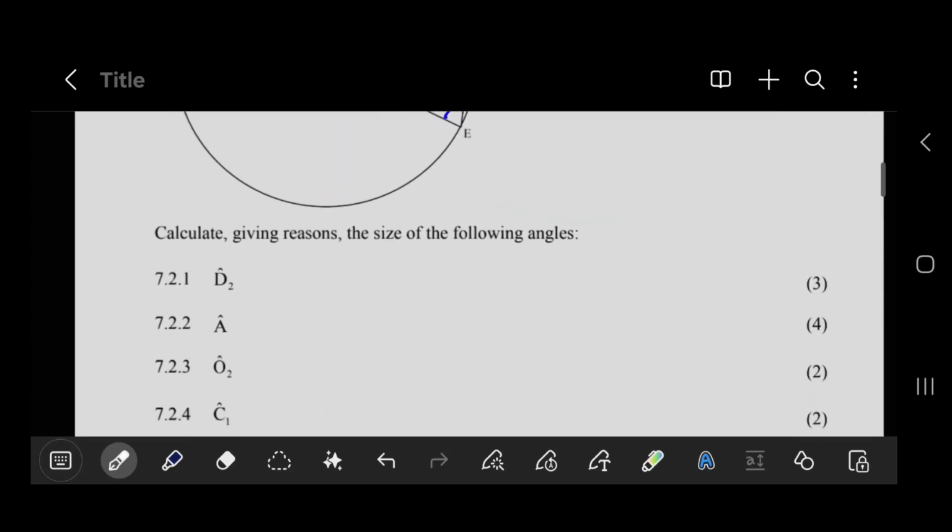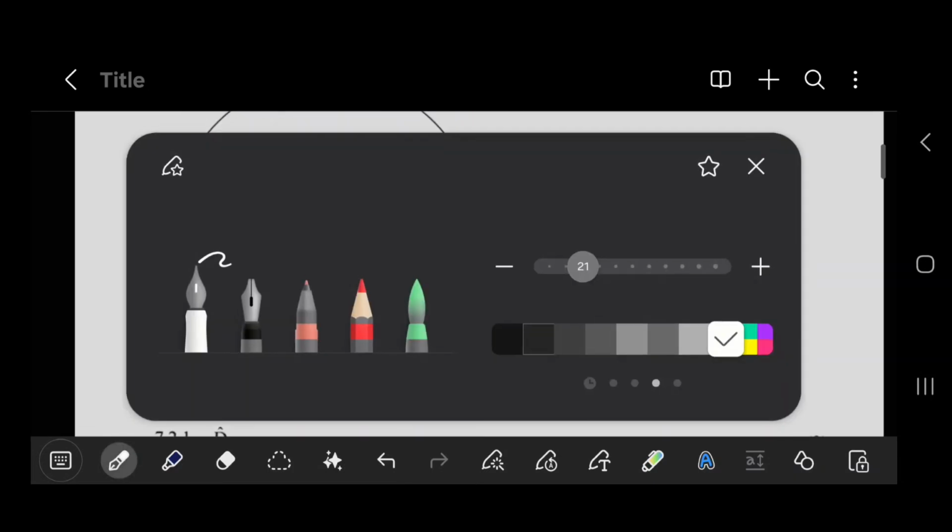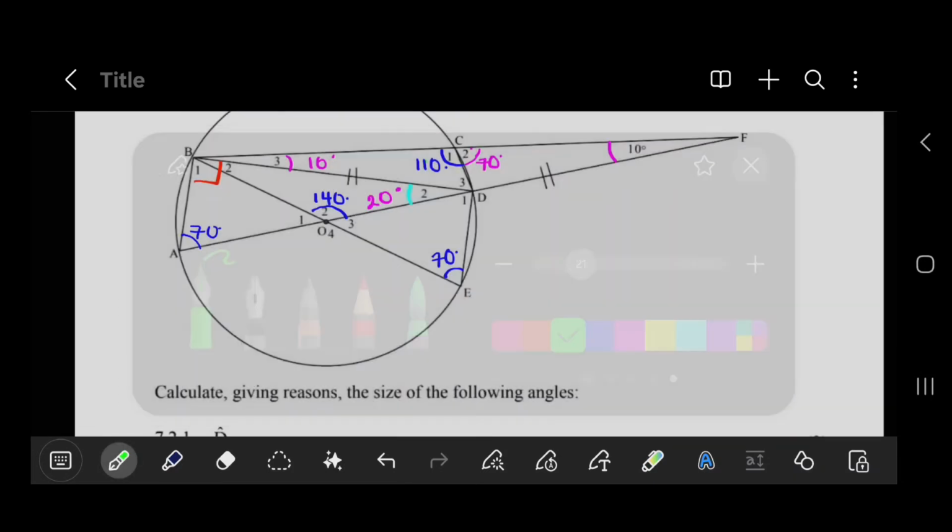So the last angle that we need to calculate is angle O3. Let's locate angle O3. So here we have angle O3. And here's something that stands out, and something important for me to mention to you guys. They absolutely love testing isosceles triangles in grade 11.